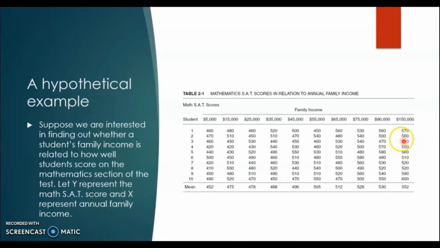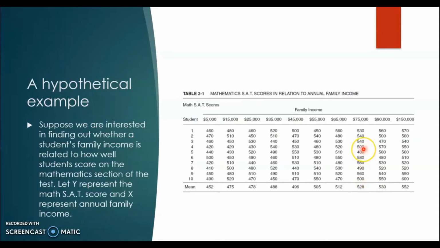We know, for example, that corresponding to x equal to 75,000, the average value of y, the average value of math SAT score, is 528 points.